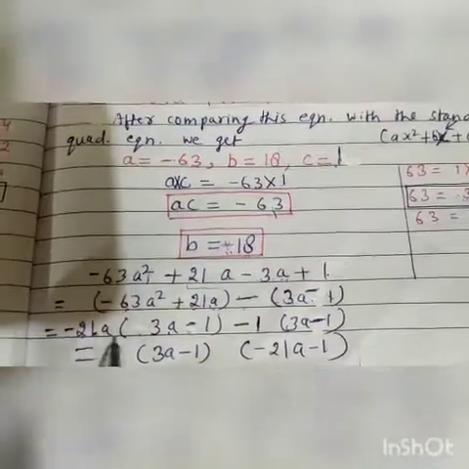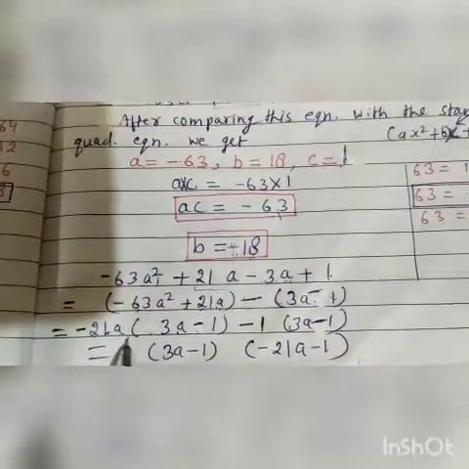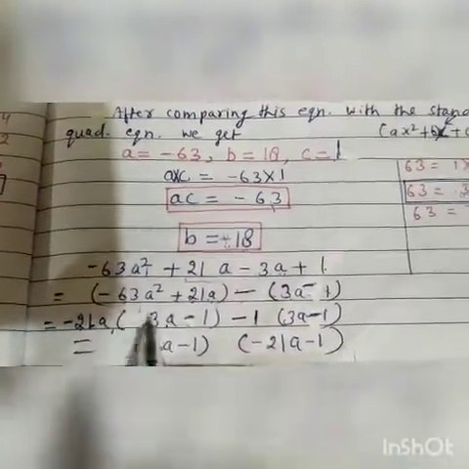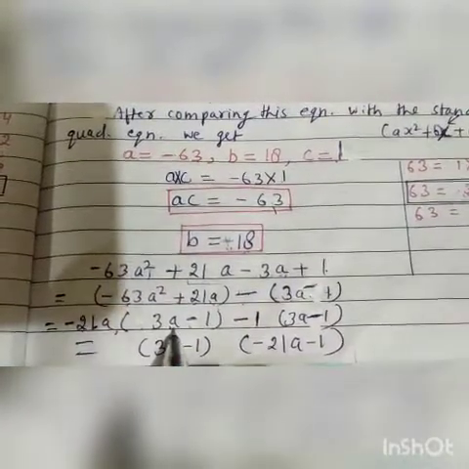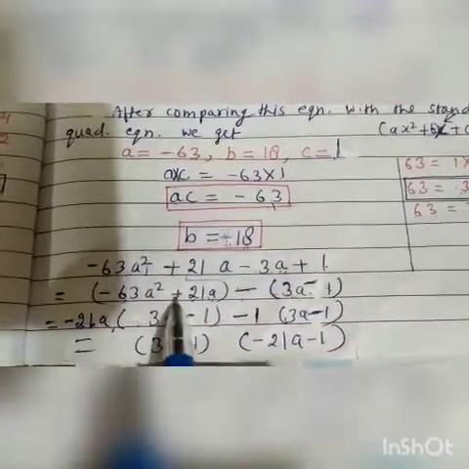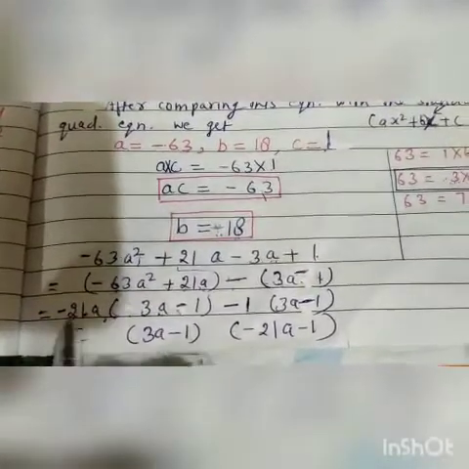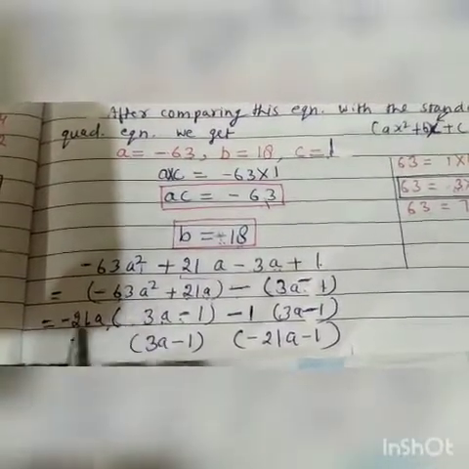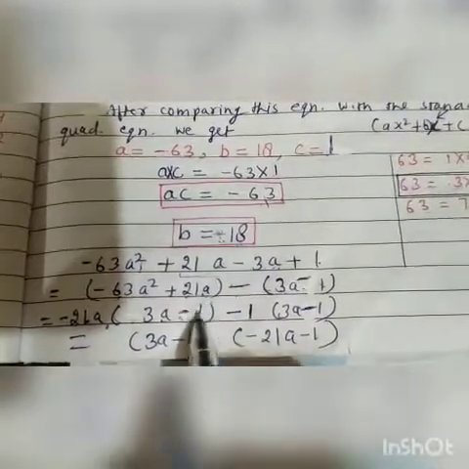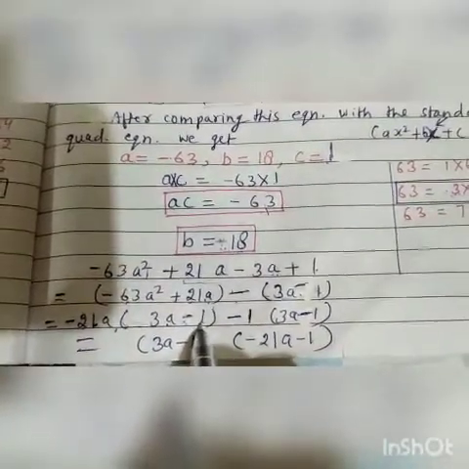So minus 21a is the common factor. 21 3s are 63. From a square, a will be left because a is common. Then this plus will change to minus here, because out of the bracket we have taken minus as common. 21a, 21a, both are cancelled, we get minus 1.